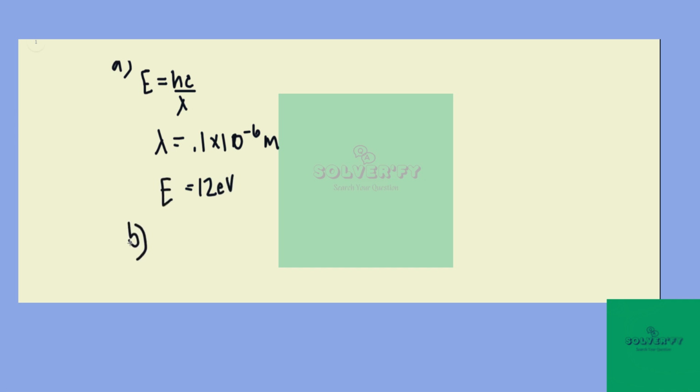And then for B, we want to know that if we're accelerating electrons through some potential difference, and we want them to exhibit their wave nature if they're going to pass through a pinhole of that size, what's the speed of the electrons. Oh, that's kind of interesting.